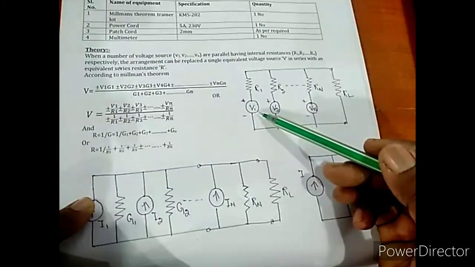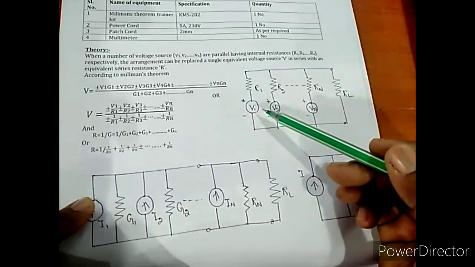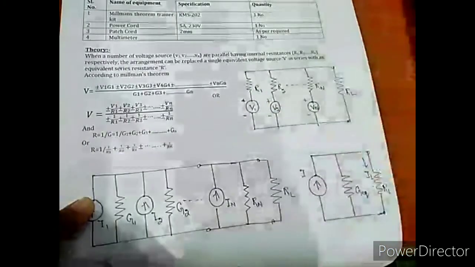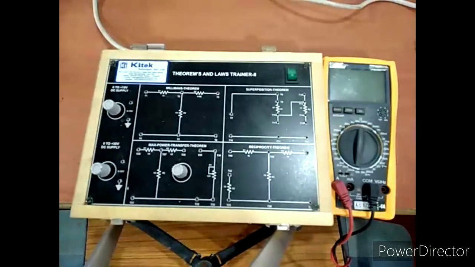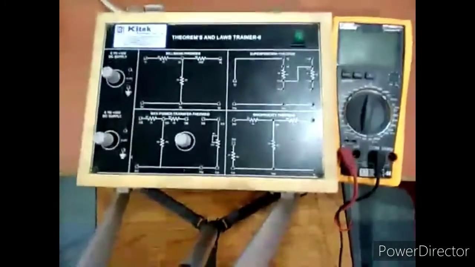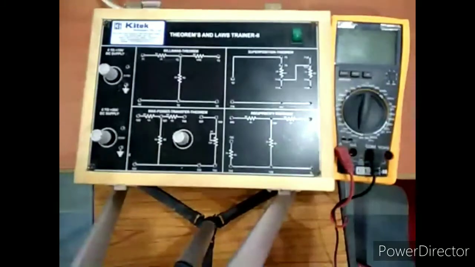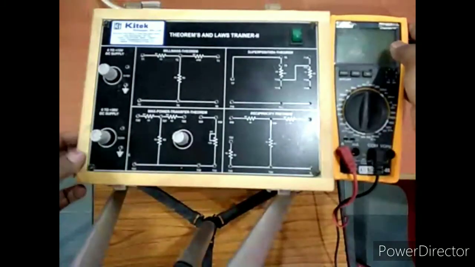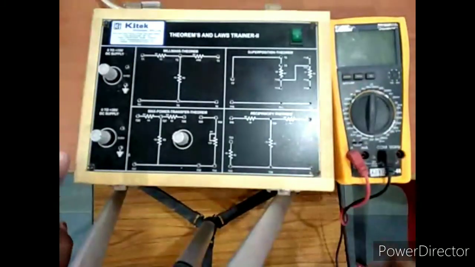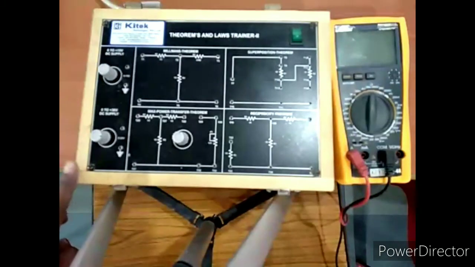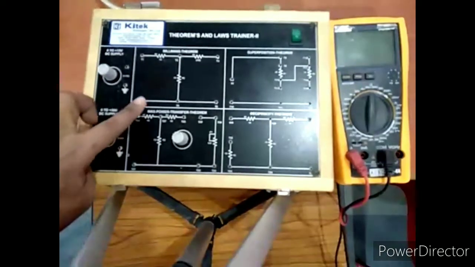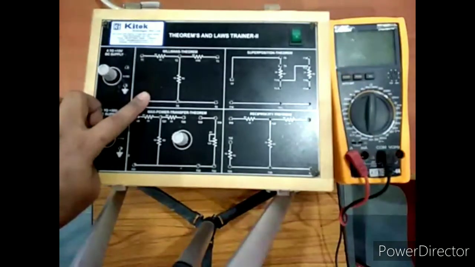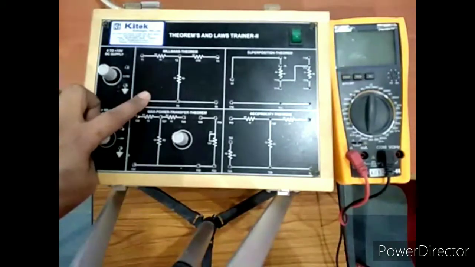Now students, you will perform the experiment. This is a ready-made trainer kit for Millman's theorem. This circuit diagram is for verification of Millman's theorem.